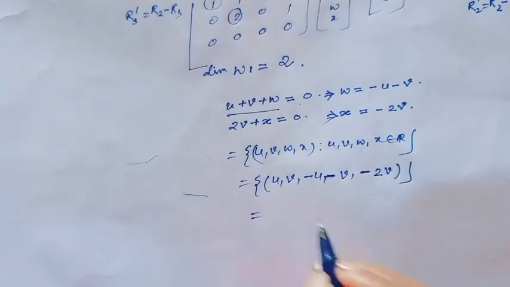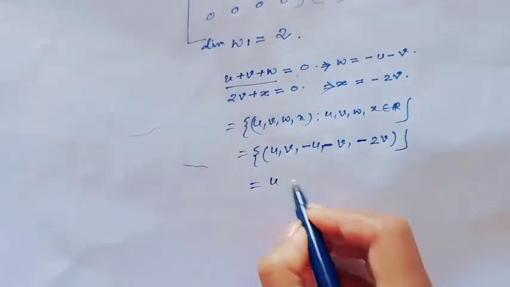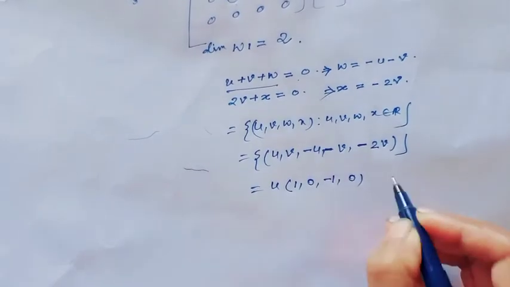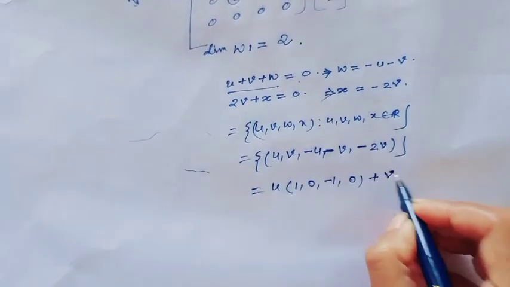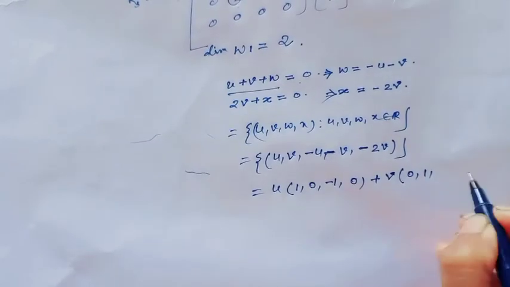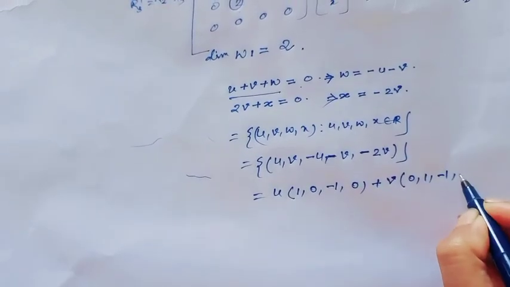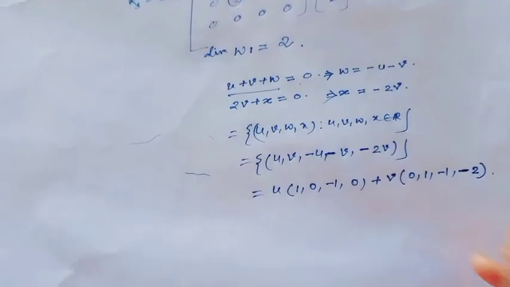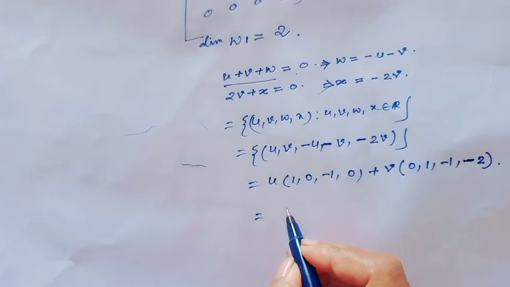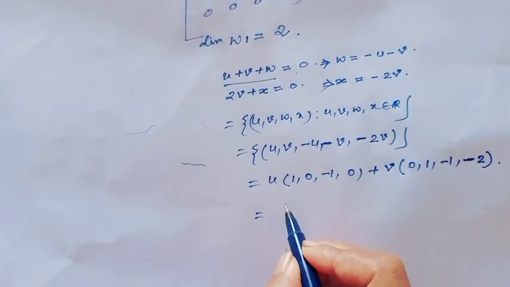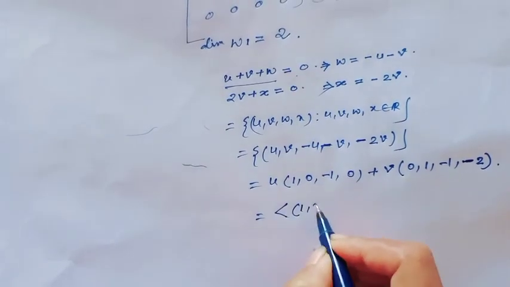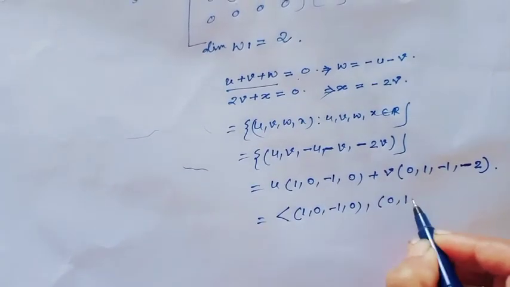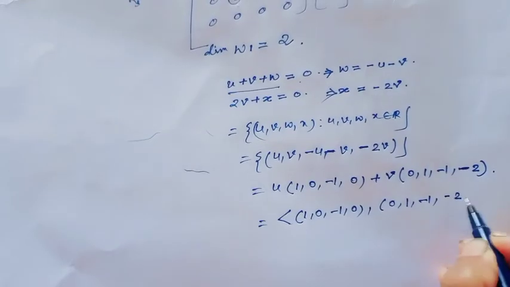Okay, that means the vector would be u times 1 0 minus 1 0 plus v times 0 1 minus 1 minus 2. Okay, that means the subspace W1 is generated by the vectors 1 0 minus 1 0 and 0 1 minus 1 minus 2.